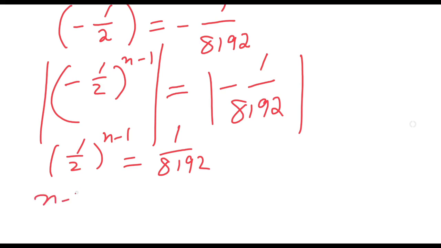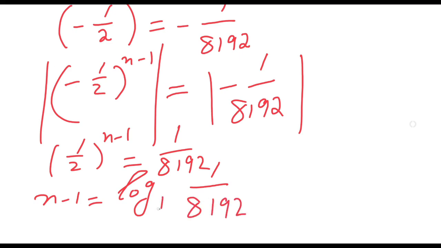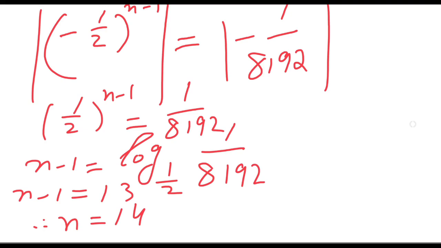So n minus 1 is equal to log of 1 over 8192 to the base 1 over 2. I use my calculator. The answer is 13. You can apply the log formula or the exponent rule, the answer will be the same. I like log, so this is my final answer.